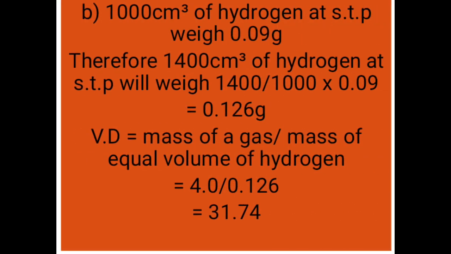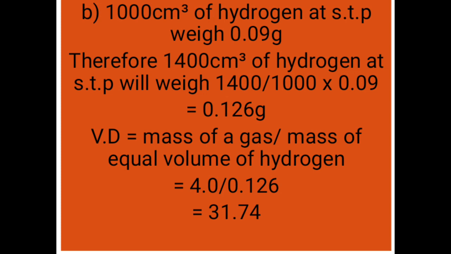Let's look at the next one. For number B, you do the same thing. 1000 of hydrogen will weigh 0.09, then 1400, because that is the volume we have in number B. 1400 centimeter cube of hydrogen will weigh 0.126 grams. We now apply the formula for vapor density, which is mass of that substance over mass of equal volume of hydrogen.